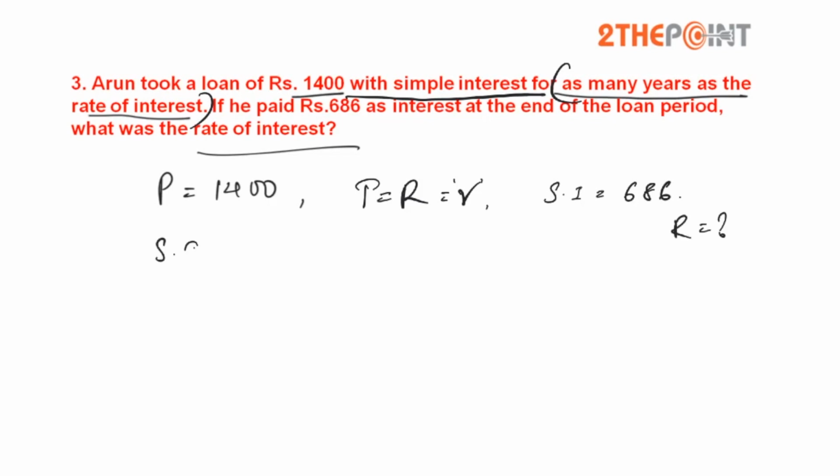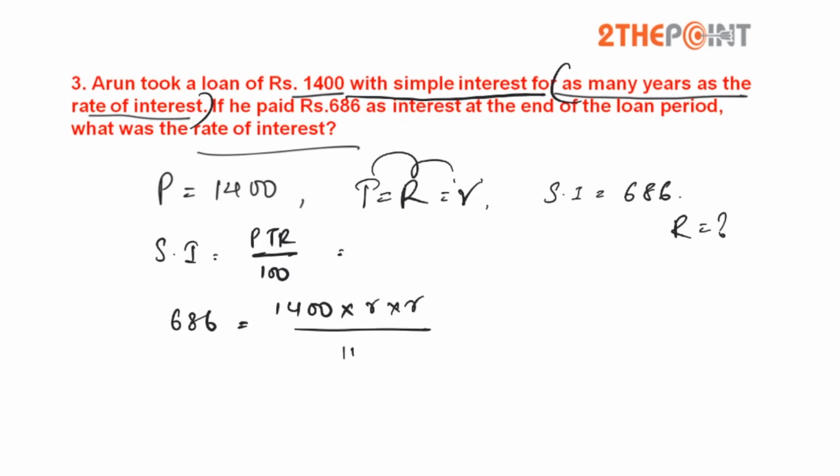We know that simple interest is equals to PTR by 100, which is equals to 686, with 1400 as principal, and T and R is R into R by 100. So let's calculate now.